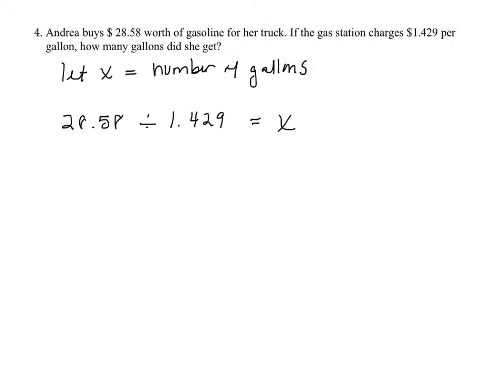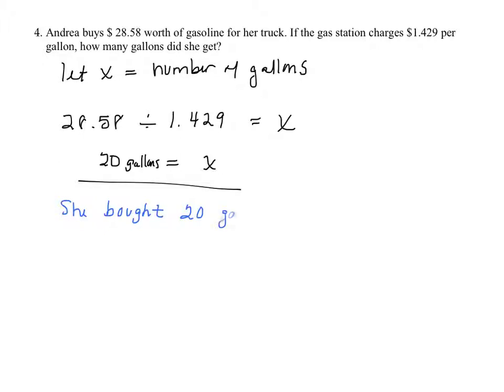So when I do that, 28.58 divided by 1.429, that's going to equal 20 gallons. So the statement: she bought 20 gallons of gas.